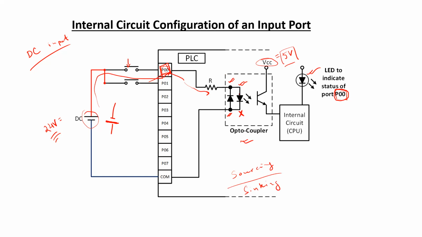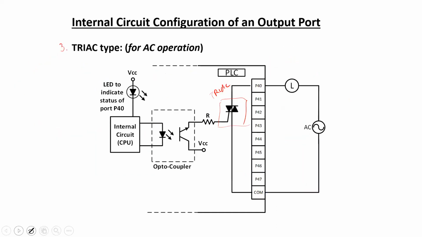Depending upon the polarity of the DC voltage source, the current can flow in both directions, in the clockwise direction and also in the anti-clockwise direction. So the input module may work as the source or it may work as the sink. This type of internal configuration gives the option of connecting the input device either as a source type connection or as a sink type connection, as indicated over here.